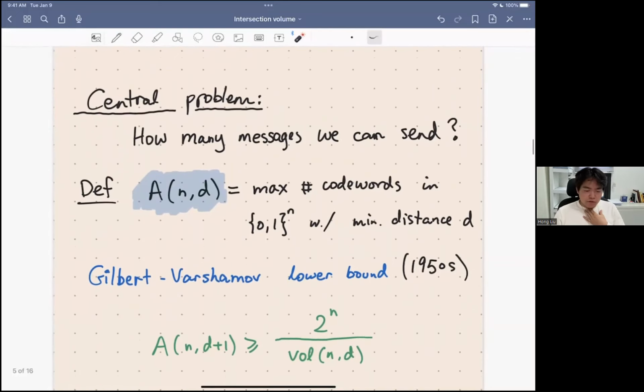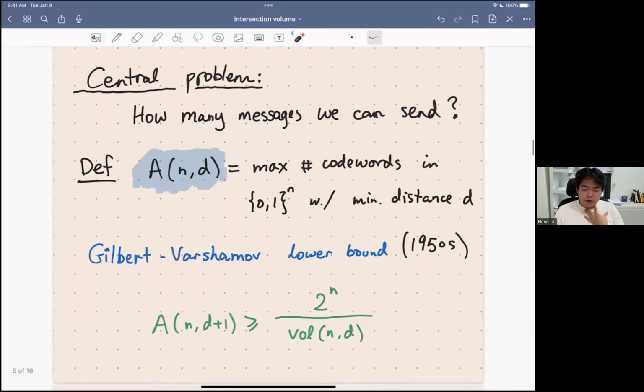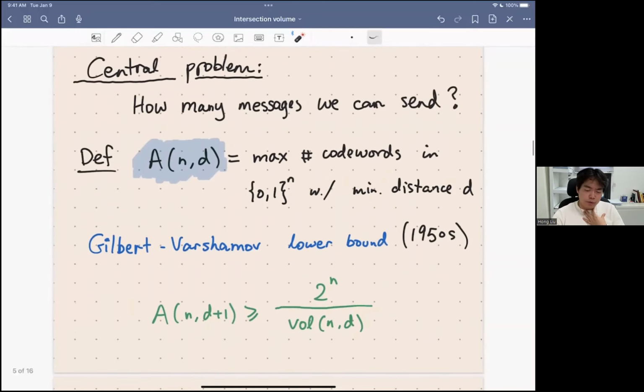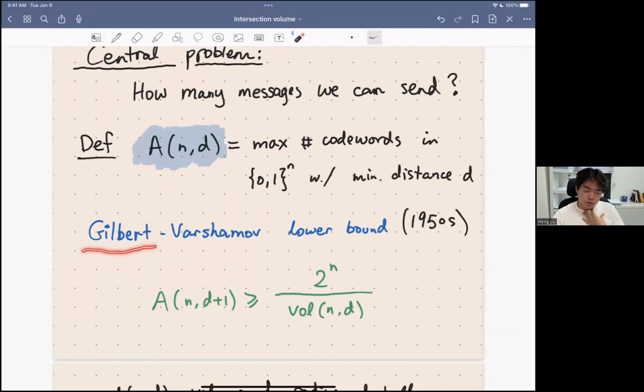For bounding A(n, d), there's a very classical so-called Gilbert-Varshamov bound, which provides a lower bound and comes from the 50s. This lower bound says that A(n, d) plus 1, where pairwise they have to be at distance strictly bigger than d, is at least the total number of binary strings over the Hamming ball in n dimensions of radius d.